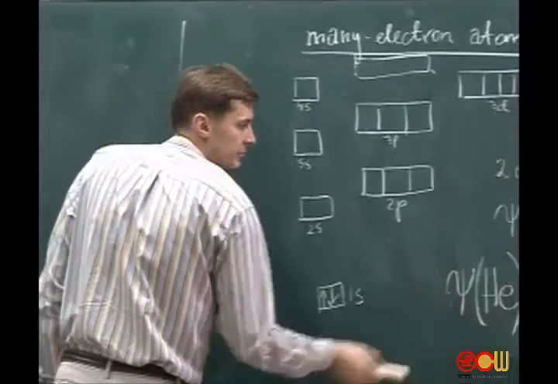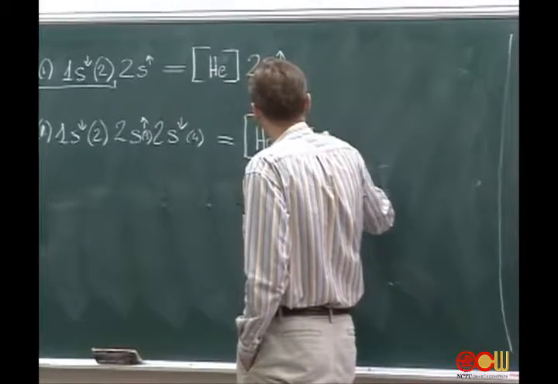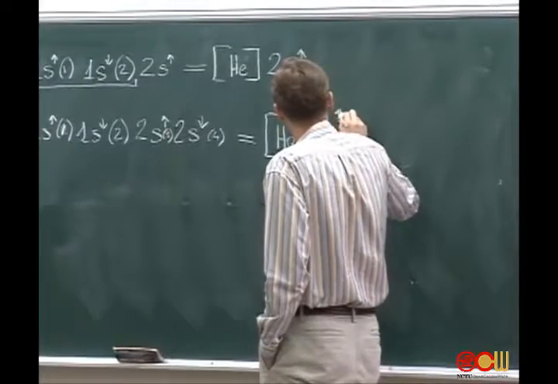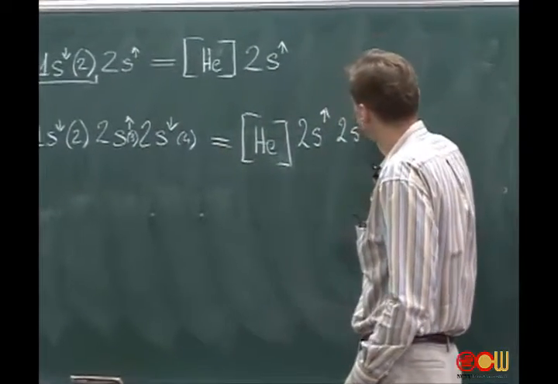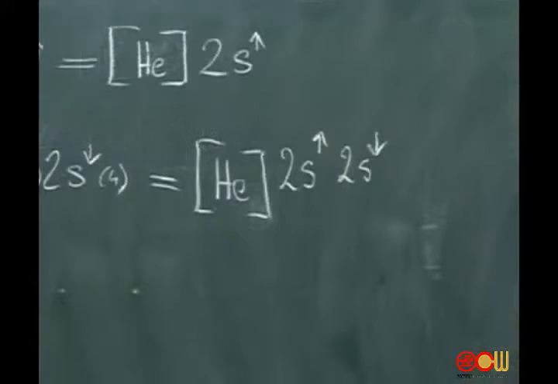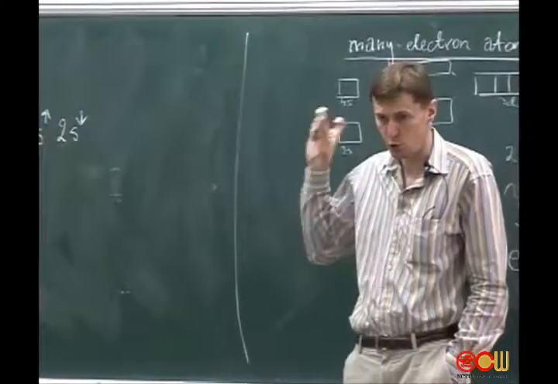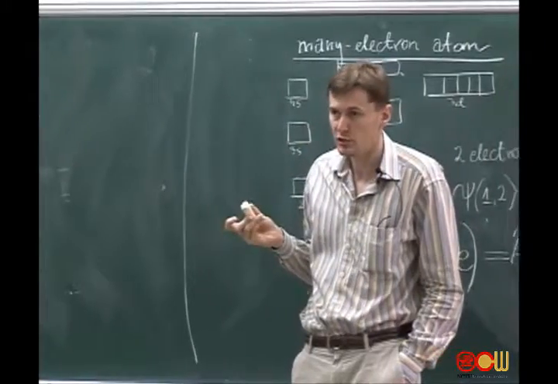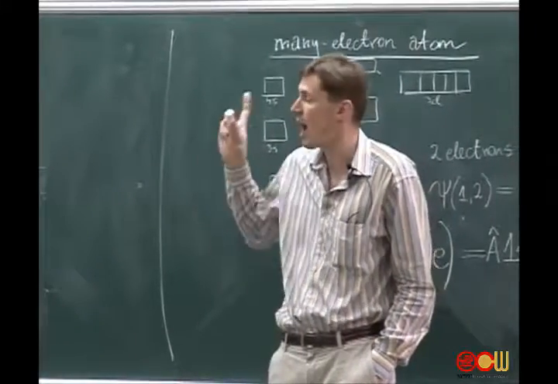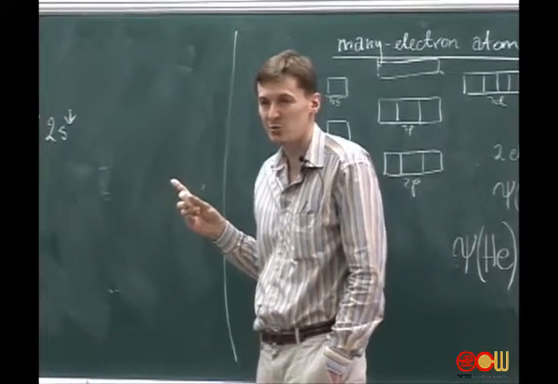Because we have this. And then would be 2s plus up, 2s down. Again, what I'm plotting here, the wave function, are not the solutions of the equation that I wrote a moment ago, because we don't know the solutions of these equations. These are approximate solutions, let's say 90% good.